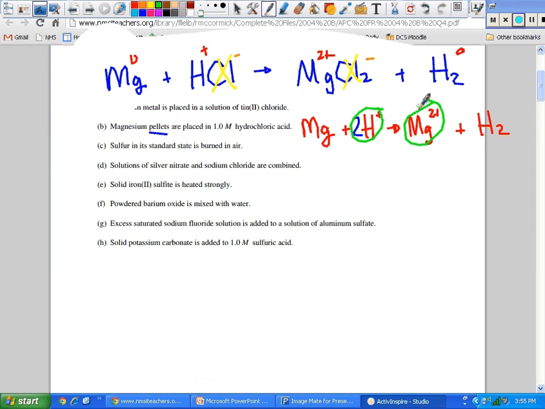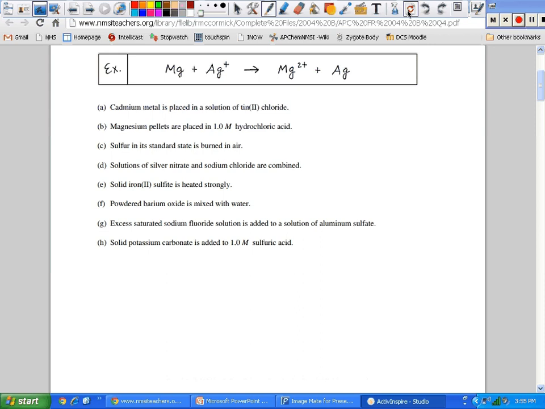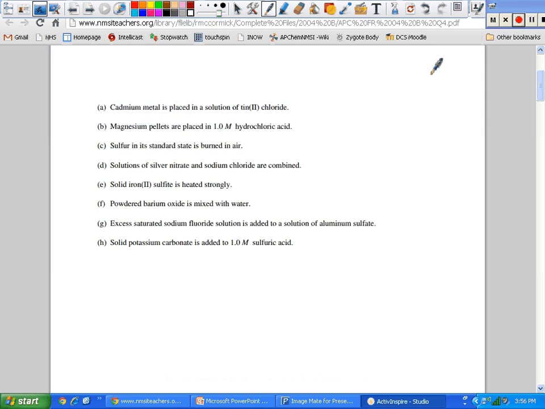Again, the more of these you work, I promise you, the better at it you'll get. All right, so sulfur in its standard state. Now, we need to talk about sulfur for a second. How would you write this if it was sulfur in its standard state?